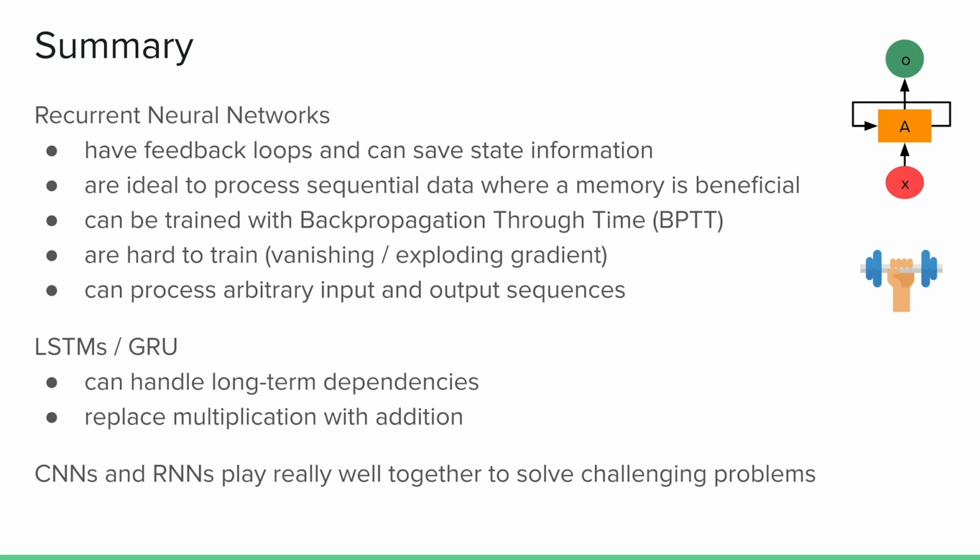And basically what they do is replace the multiplication with an addition and therefore allow us to also process sequences that are longer, where you have a relationship between a word that appears at the beginning of the sentence and at the end. And last but not least, CNNs and RNNs play really well together to solve challenging problems, as you've seen before with optical character recognition, music recognition, or even some sort of speech recognition. You can actually formulate this as an image recognition and then sequence understanding problem.